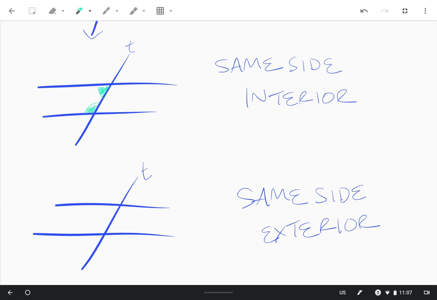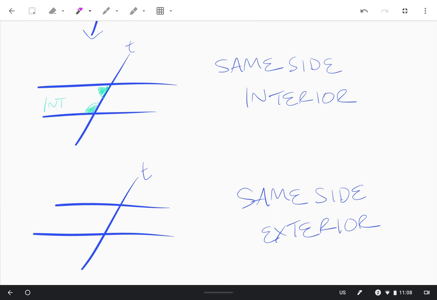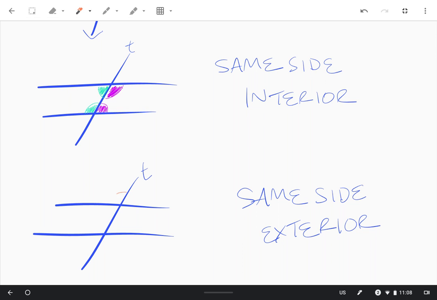These angles are on the same side of the T line, but they are both on the interior of the diagram. Same side interior. And then flip it the other way. This angle and this angle are on the same side, the other side, and they are same side interior. So same side exterior is going to be a similar concept. We're going to have this angle and this angle. They are on the same side of the T line, and they are both on the exterior.